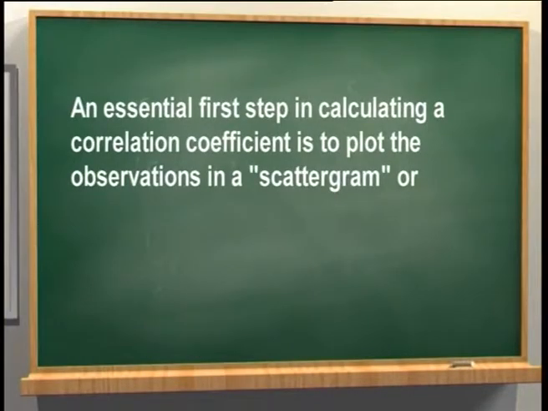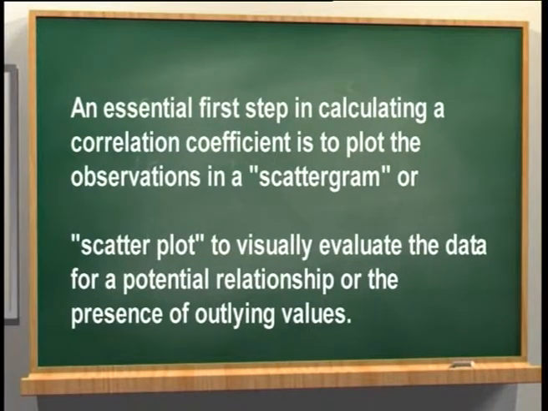A significant advantage of the correlation coefficient is that it does not depend on the units of x and y and can therefore be used to compare any two variables regardless of their units. An essential first step in calculating a correlation coefficient is to plot the observations in a scattergram or scatter plot to visually evaluate the data for a potential relationship or the presence of outlying values.